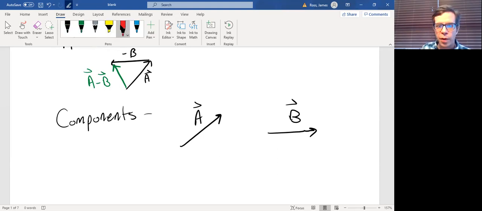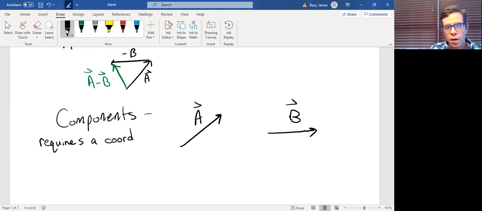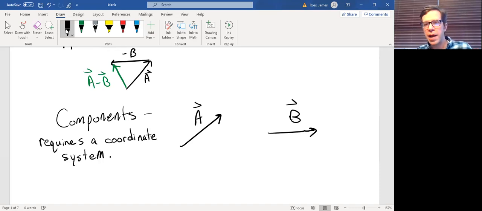Then let's look at the components. First, I can't have components until I have a coordinate system, because how can I talk about how much of vector A is in the direction of X if there's no X? So in this case, let's just use a standard XY rectangular coordinate system.